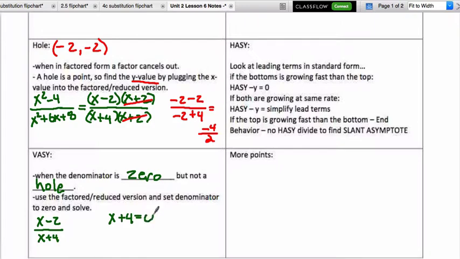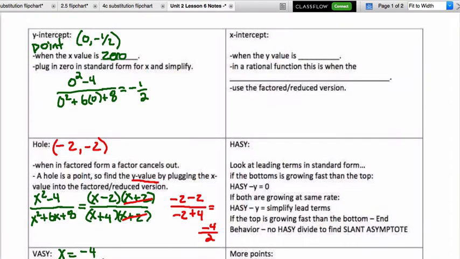I'm just going to set the denominator equal to 0 and solve this little equation. So the asymptote would be at negative 4. Now, this is a line, so I want you to write the answer as the equation of a line. Vertical is an x equals, and it's going to be x equals negative 4.